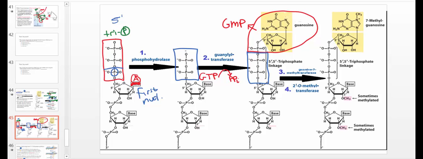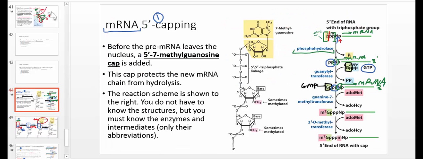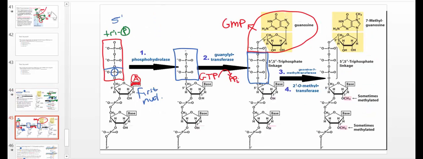Okay? Now, in terms of the next reaction, I'm going to methylate the nitrogen on the guanine ring. If I was to circle the guanine ring, it would essentially be all this business up here. This little segment is guanine. So the next enzyme is called guanine 7-methyltransferase. Notice what happens in the next picture.